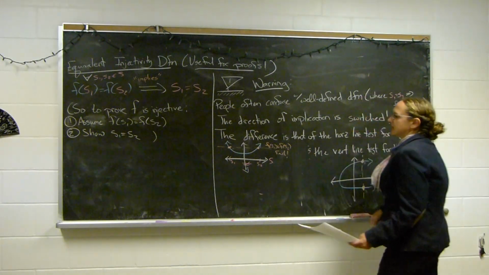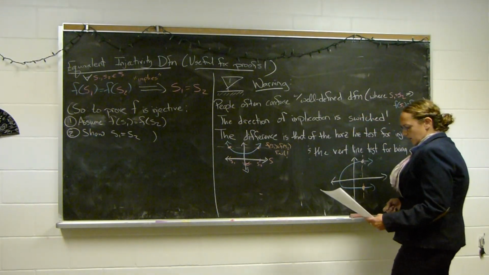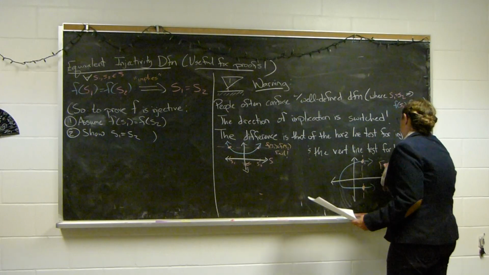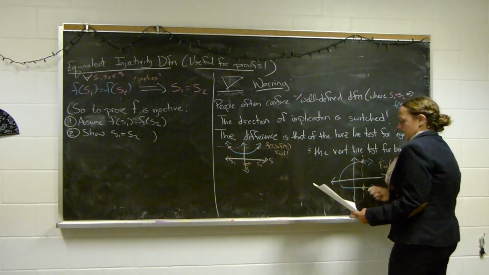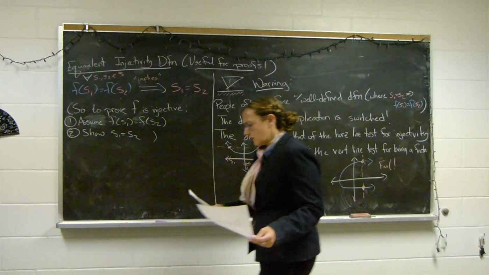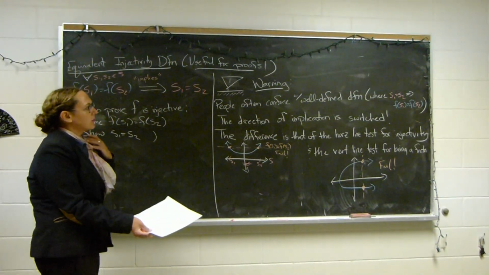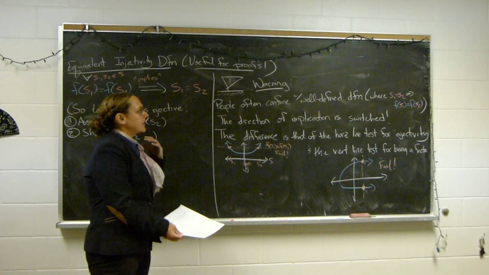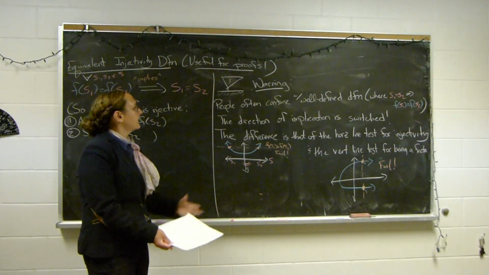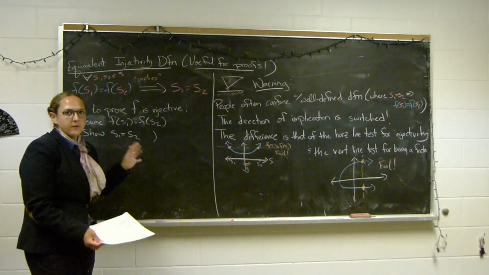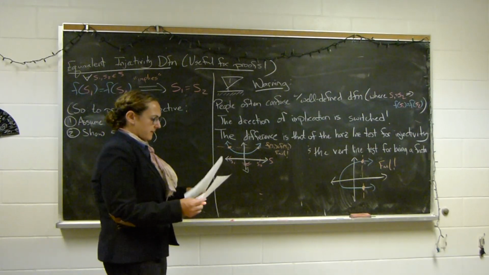So S1 equals S2, but these are actually distinct. So this is a fail here. I hope that makes a little sense, so that now we can move on to surjectivity. So don't confuse being injective with being well-defined. Draw some pictures for yourself if you're getting a little confused. I find that's often helpful.